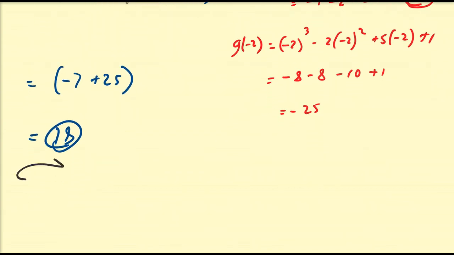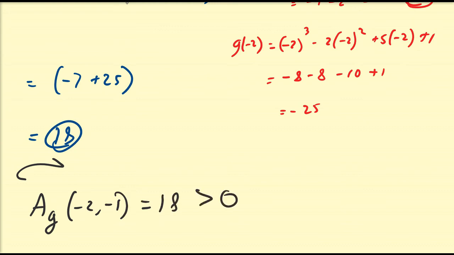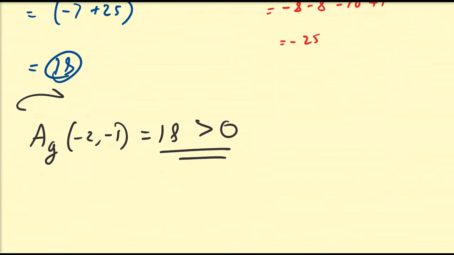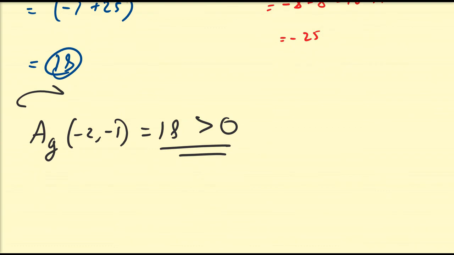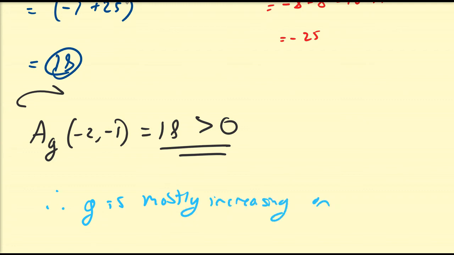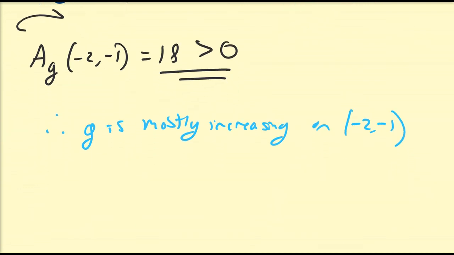Let's summarize what we calculated. The average rate of change of g on the interval -2, -1 is equal to 18, which is a positive number. So we can conclude that g is mostly increasing on the interval -2, -1.